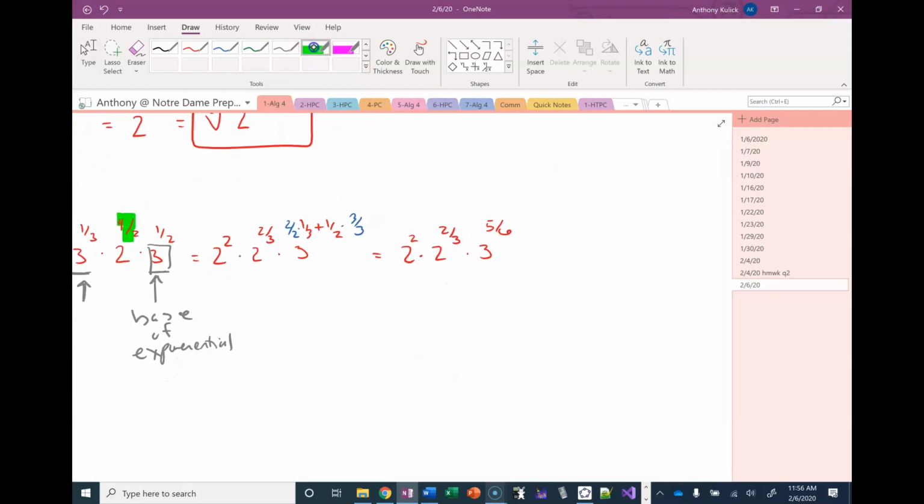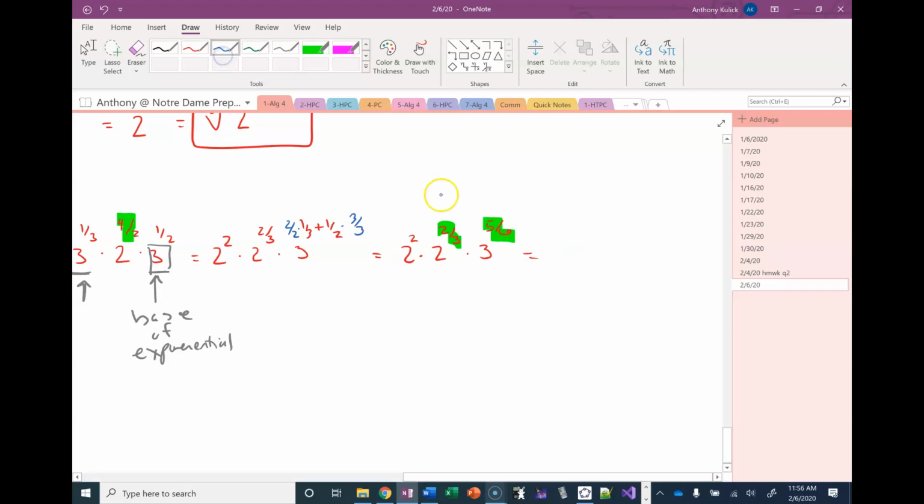So the last thing that I'm going to do here, you see these two fractions. You see how the denominators are different. I want to make the same denominator here. What would the common denominator be between 2/3 and 5/6? Sixths, right?